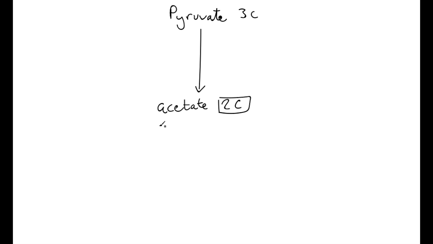So we've got pyruvate, we know we need to get acetate, which is a 2-carbon molecule. So the pyruvate is decarboxylated, I can't say that very well, decarboxylated, which means it loses a CO2. And this CO2 that it loses, there's the carbon that we lose from 3 to 2.